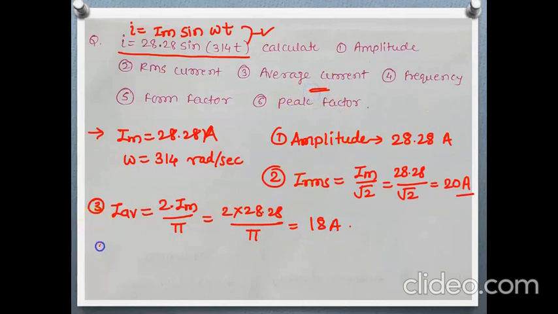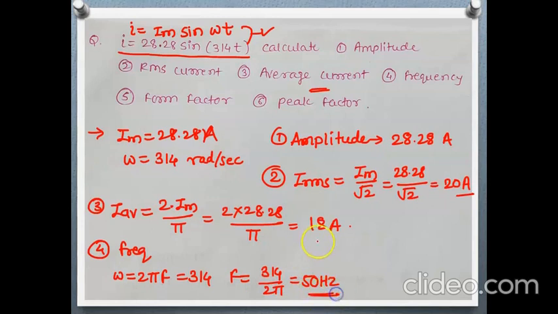Then fourth one is frequency. For frequency we know that omega is equal to 2 pi f, and which is given as 314. So frequency will be 314 divided by 2 pi, which is nothing but 50 Hz. This is the required frequency. Now form factor.